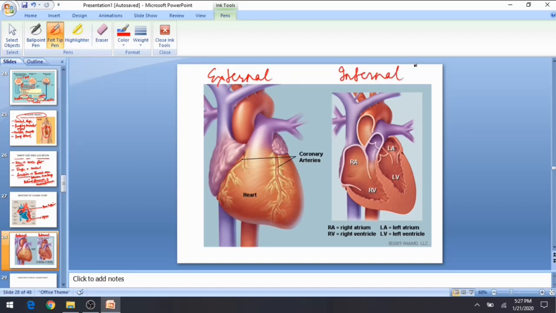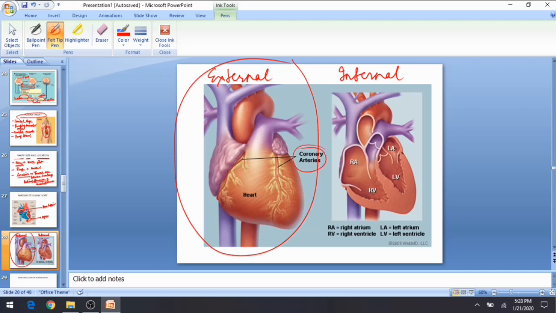Let us focus on the external structure first. So many tubes are getting inside the heart. That means they are bringing blood and taking away blood from the heart. The heart is made up of cardiac tissue, and it constantly contracts and relaxes rhythmically throughout the lifespan.